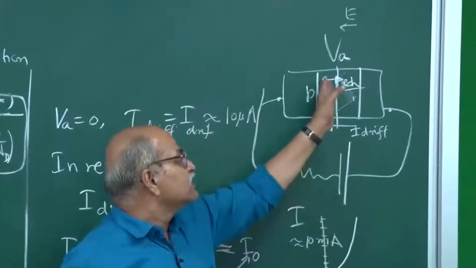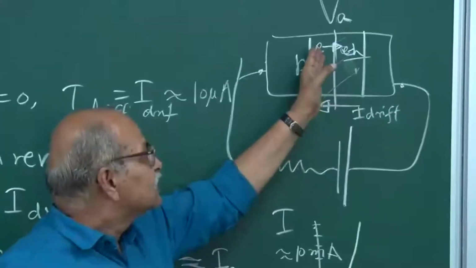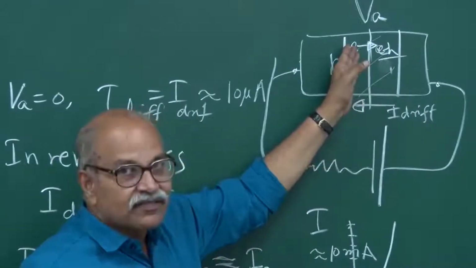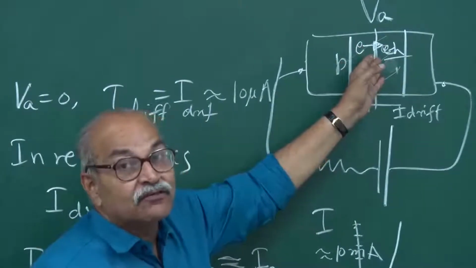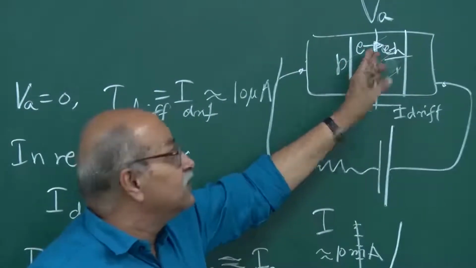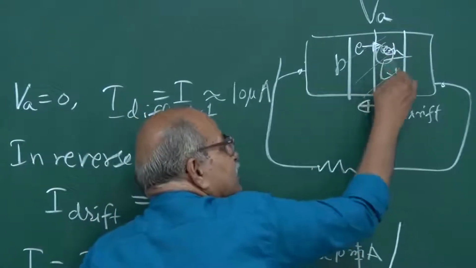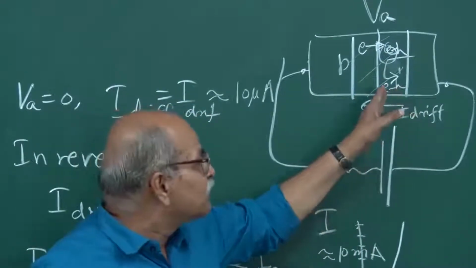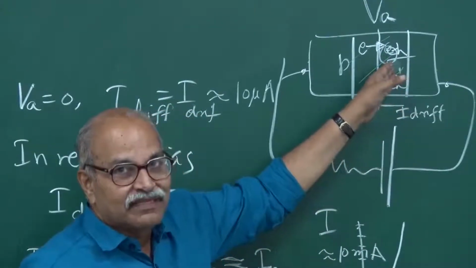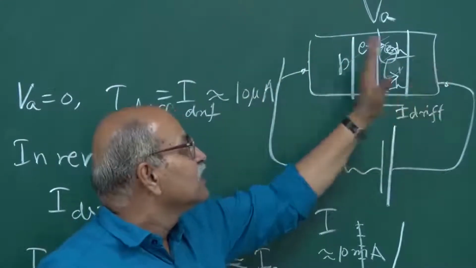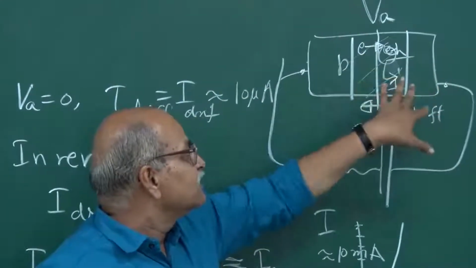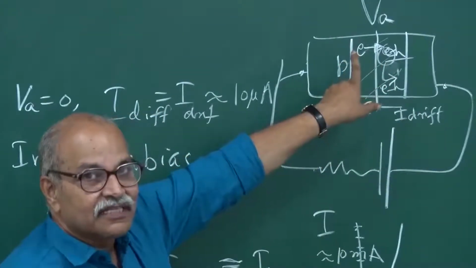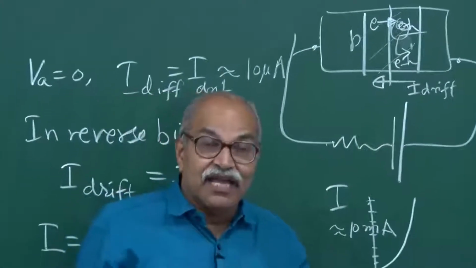So, the electron which is drifting in this direction, these charge carriers can create new electron hole pairs, and when this electron is accelerated, it can produce yet another electron hole pair here, and this can produce another electron hole pair here. And of course, the electrons are all accelerated towards the right in this figure, and holes are all accelerated towards the left in this figure. So, if that happens, it is called avalanche.